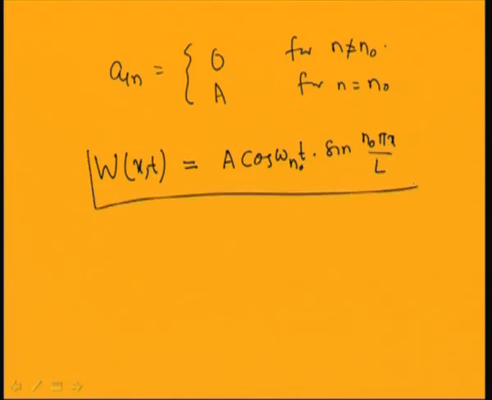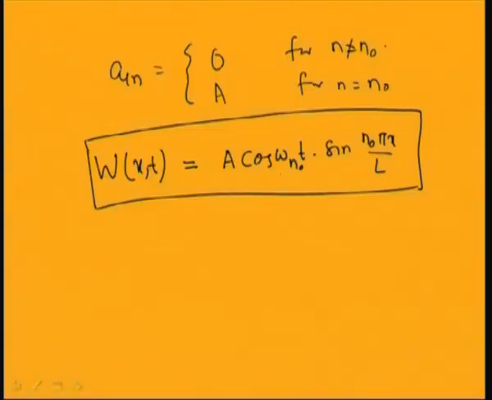You can see the resulting vibration in this case. If you have started with a particular mode, that is the n0 mode of the system, then the resulting vibration will be in this form, A cos(omega n0 t) into sin(n0 pi x/L).